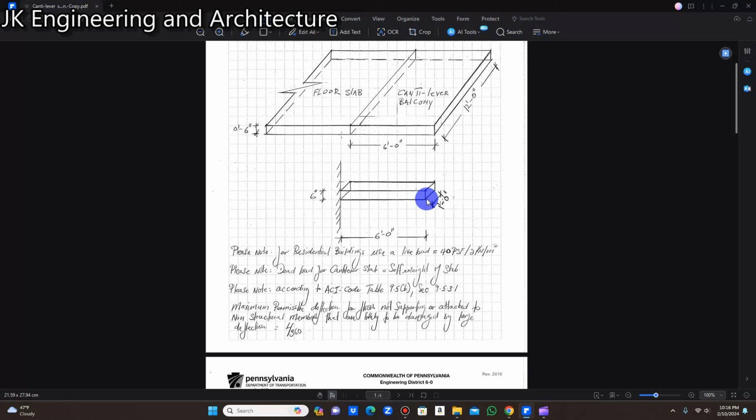Because there are two features that are going to withstand the load, right? It's the strength of the concrete and the amount of reinforcement. So the next video, I'm going to do the amount of reinforcement for this 1 foot strip, and then when I get that amount of steel, I can run it right through this 12 feet length.